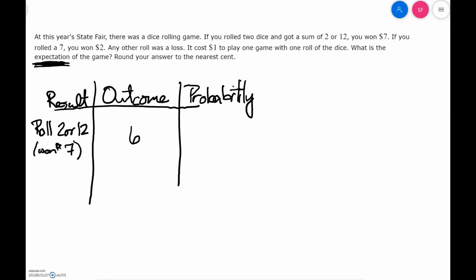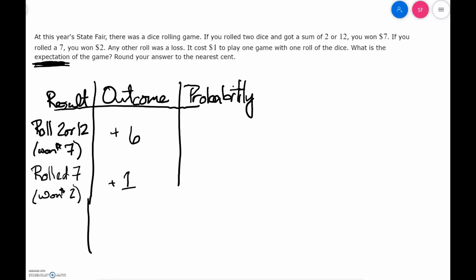So another result is that you rolled a 7, or you could say won $2. And so again, if you win $2, but you have to pay $1 to play the game, then your outcome, your change, would be a positive 1.